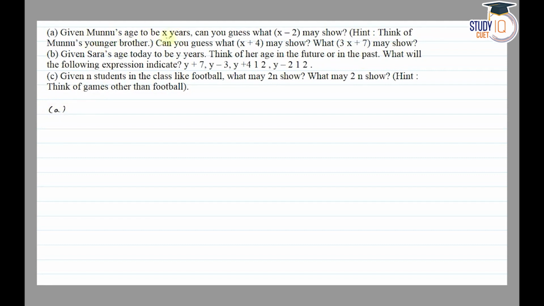Munnu's age is given as x years. So x minus 2: he is 2 years younger than Munnu.